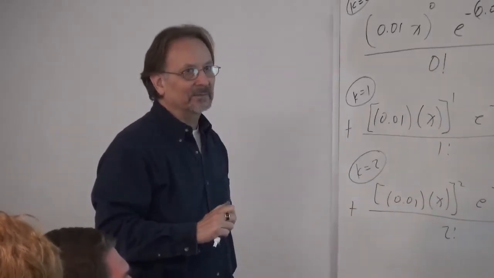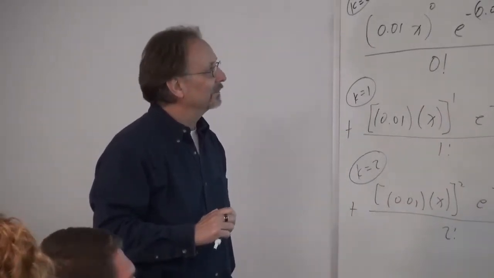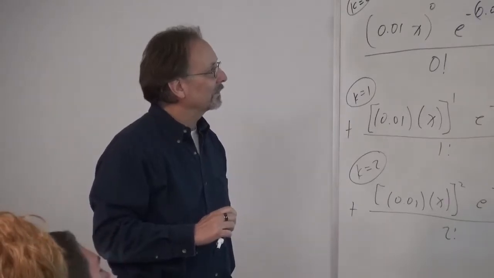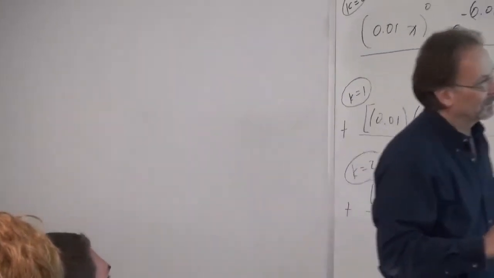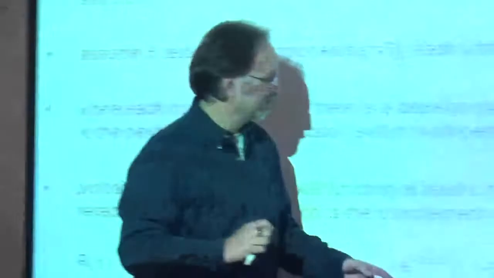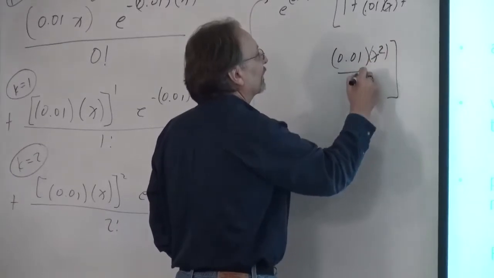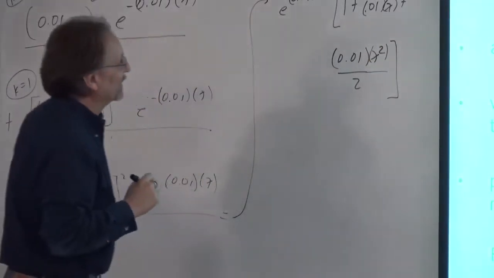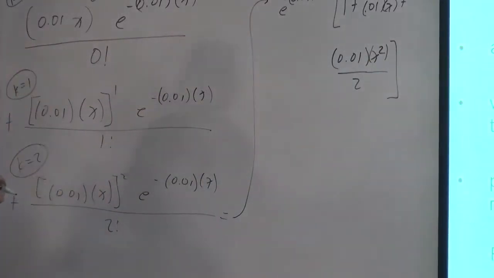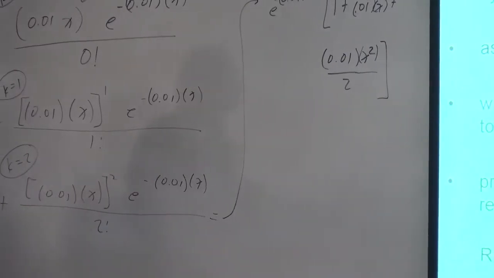Make sense? In your last term, 0.01 times x squared over 2, is that x supposed to be on the inside or the outside of the bracket? Does it matter? It doesn't matter. You can do it any way you want to. Okay.